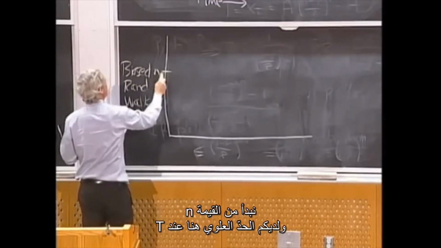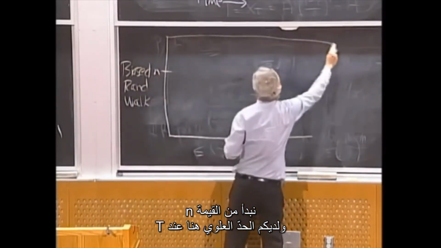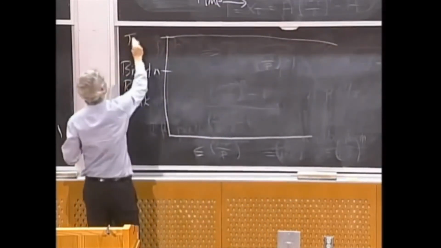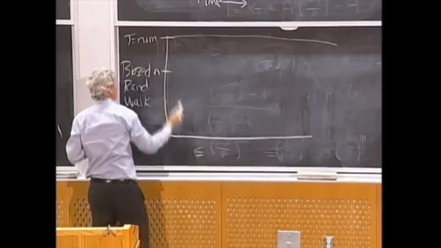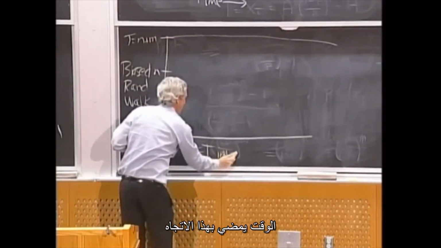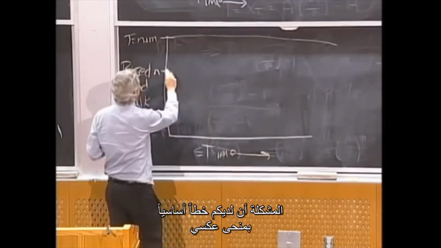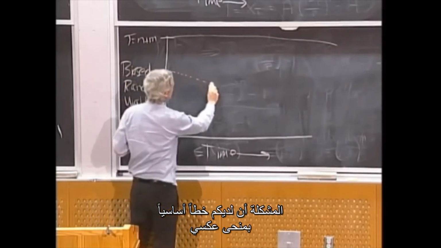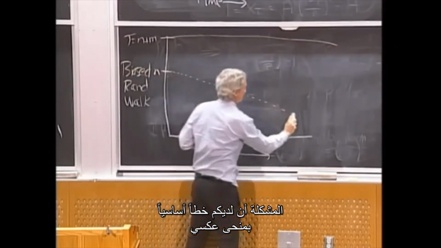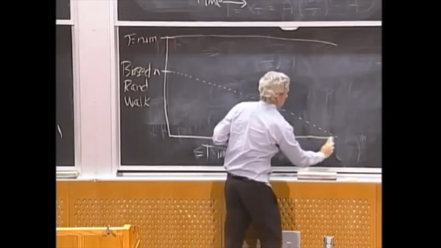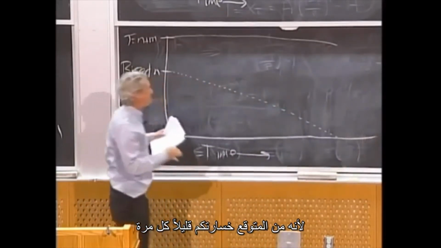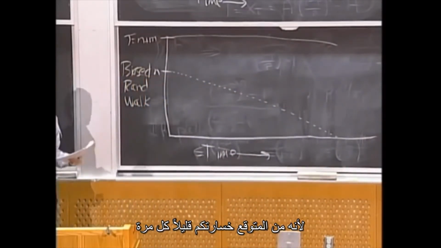So you start at n, and you got your boundary up here at t equals n plus m. Time is going this way. The problem is you got a downward sort of baseline, because you expect to lose a little bit each time.